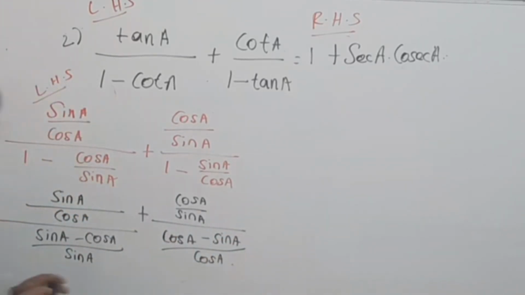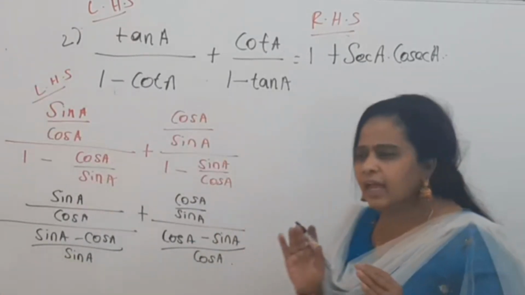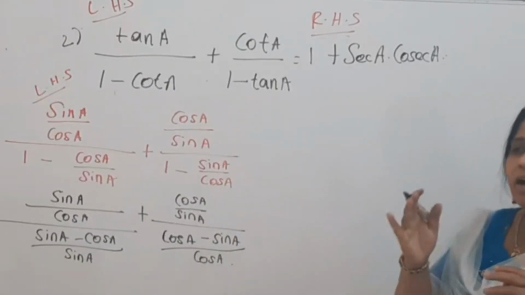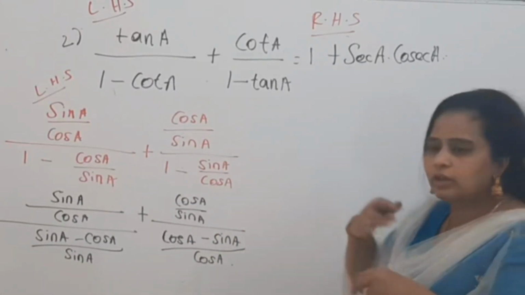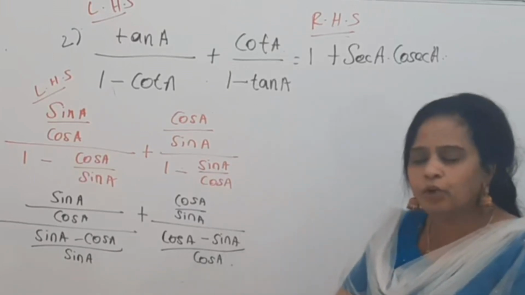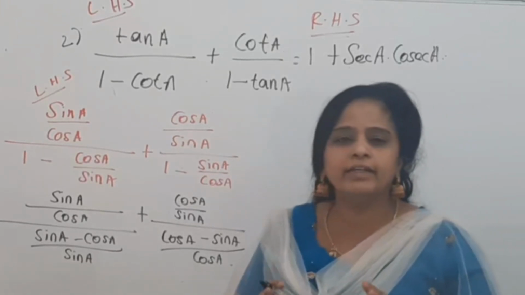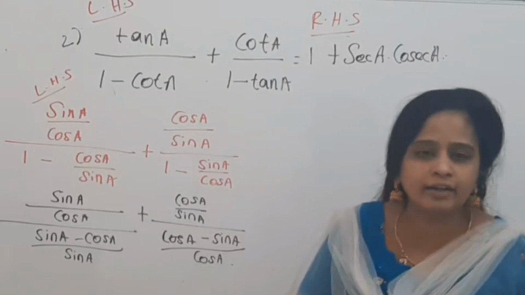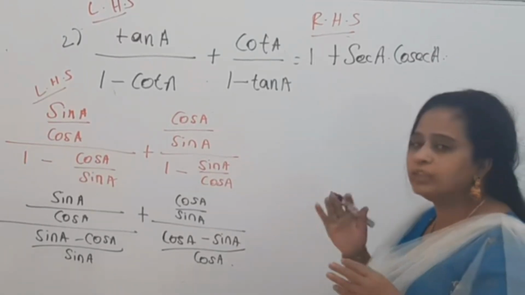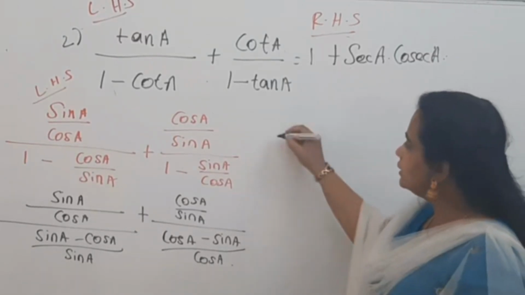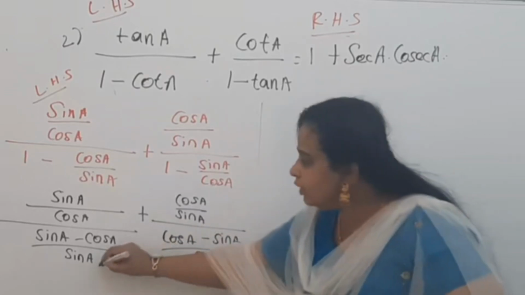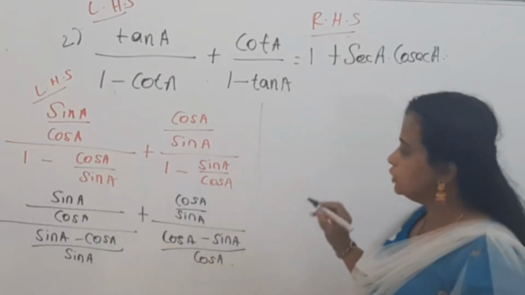Now I am doing the same formula, the same procedure we are going to use multiple times. So you will not find proving the identities tougher or harder at all if you follow these steps. So now this becomes sine A goes to the top, cos A goes to the top.